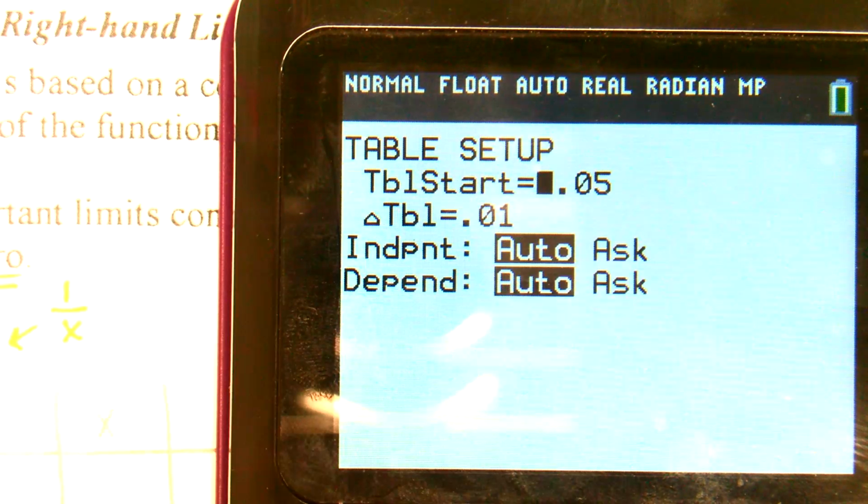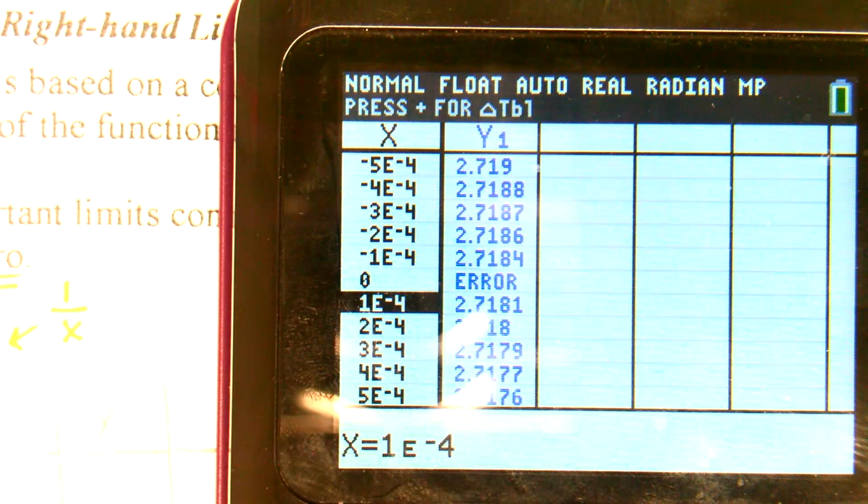Okay, and in your table start, you might want to re-put 0, because mine had kind of changed. Now, I said 0.0001, didn't I? It defaulted to scientific notation.